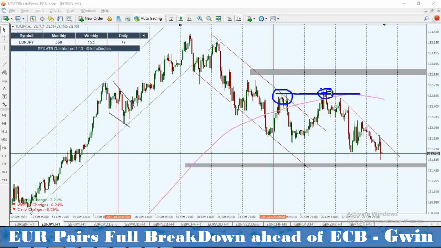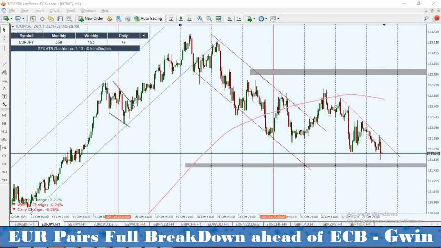Price then broke below the opening price as well, and is trading below the opening price at the moment. We could expect price to be consolidating, with the market consolidating inside of that structure there. And if the ECB wakes the euro, we might then see price move from this point back into this point.